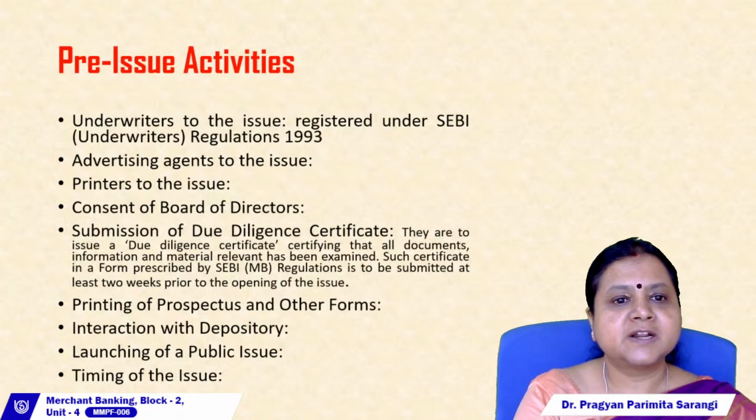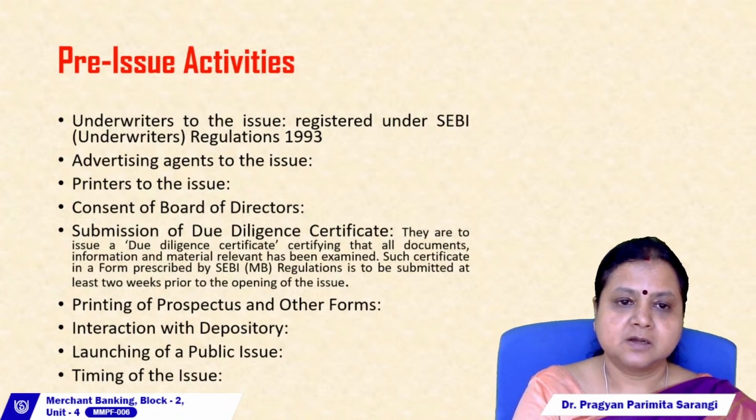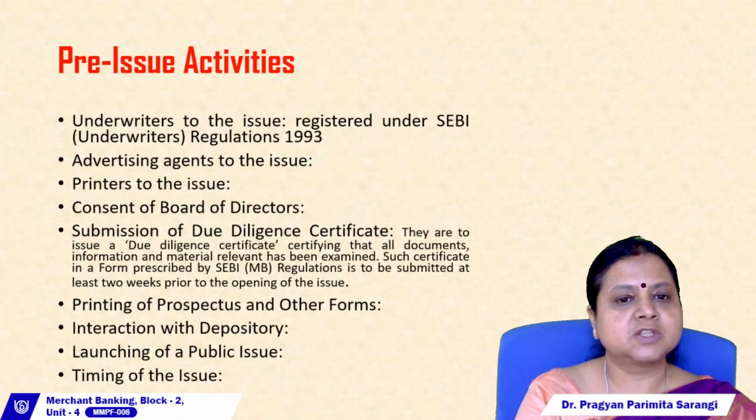Underwriters of the issue will again be sorted out by the merchant bankers. Underwriters are those merchant banks who are registered under SEBI and who can subscribe to the securities when they are not being subscribed by the public or the subscribers.